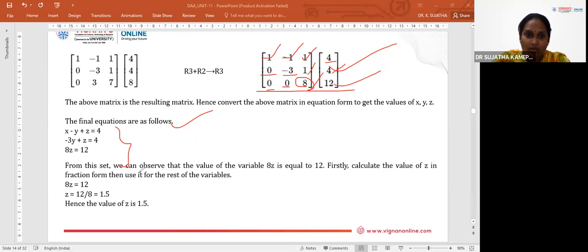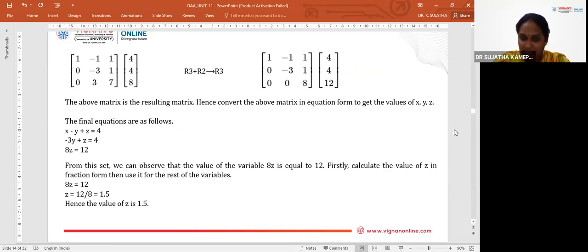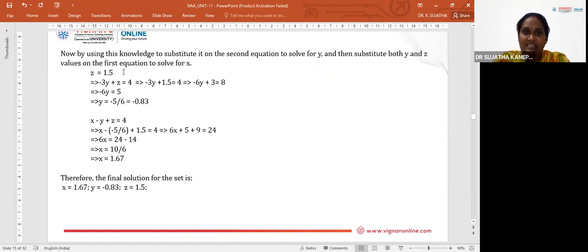Now I can solve this equation and get the z value. 8z is equal to 12 means z is equal to 12 by 8, which is 1.5. By substituting this z value, I can calculate the y value, and by substituting y and z values, I can calculate the x value as well. Let us see. Here z is equal to 1.5 in minus 3y plus z is equal to 4, the second equation.